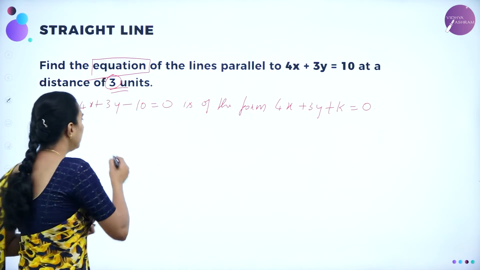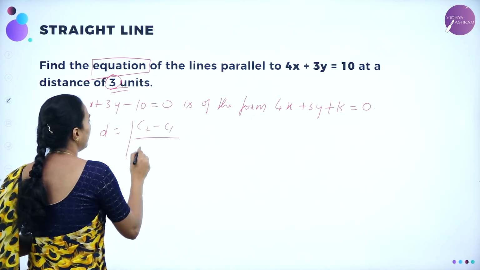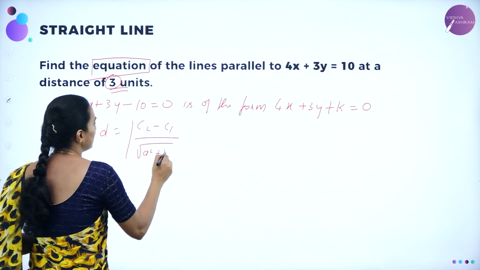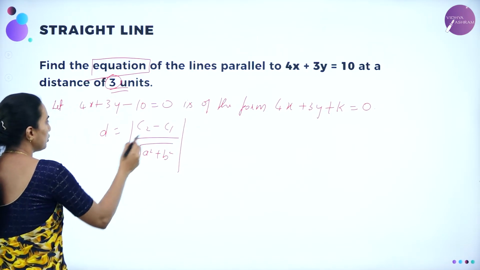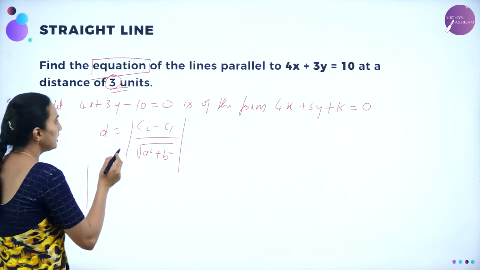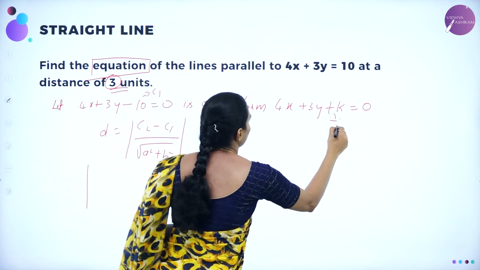So therefore it is given by d is equal to modulus of c2 minus c1 divided by square root of a squared plus b squared, where d is 3 units. I consider this as c1 and this as c2.